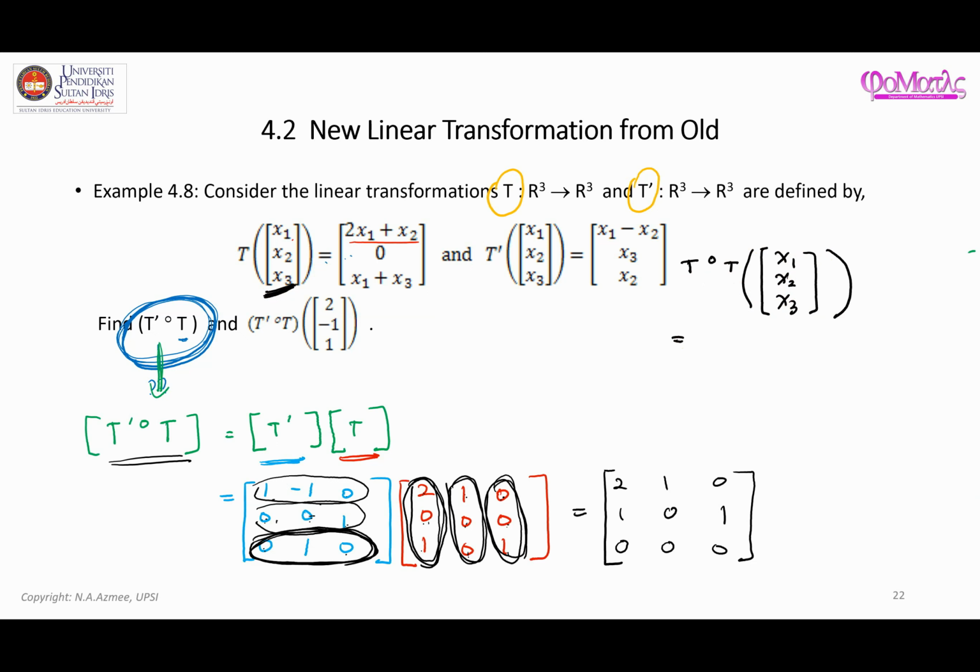The result is going to be, so again here this is x1, x2, x3, the result is going to be in this way. This is the rule. It will be 2x1 plus x2 based on this, and then based on this it will be x1 plus x3, and here it will be 0.